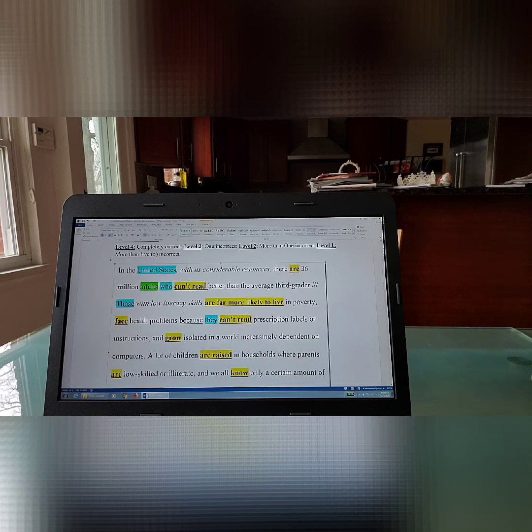Right? They, again, according to the rules, you're looking for the noun, and the technical word is antecedent. Don't have to worry about that necessarily. But you're looking for that noun that comes before it. They being the adults. They can't read prescription labels or instructions.